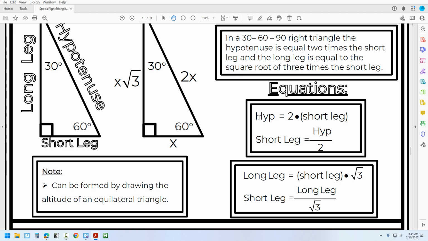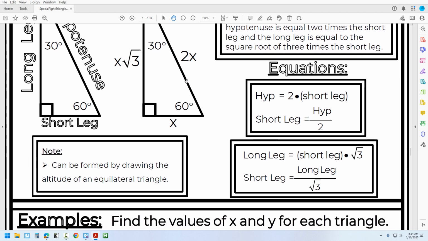Okay. Likewise, if I gave you the hypotenuse and I asked you to find the length of the short side, well, the short leg is half the hypotenuse. Okay. So if this side was 20, then that means this side would be 10. Okay. This side on the bottom is half as big as that one on the diagonal.